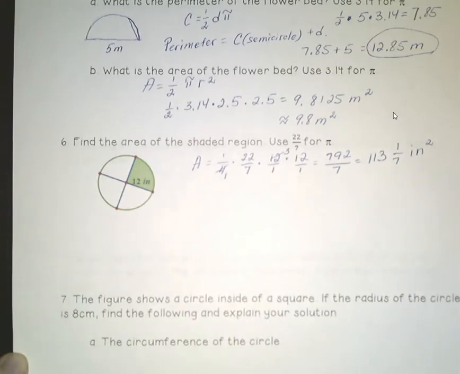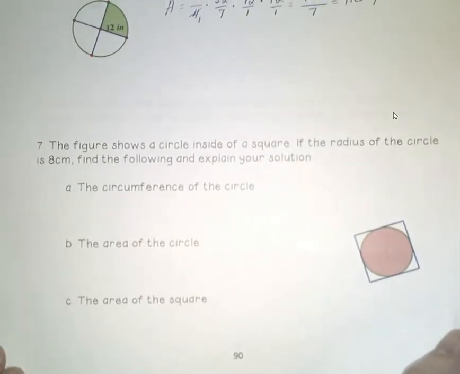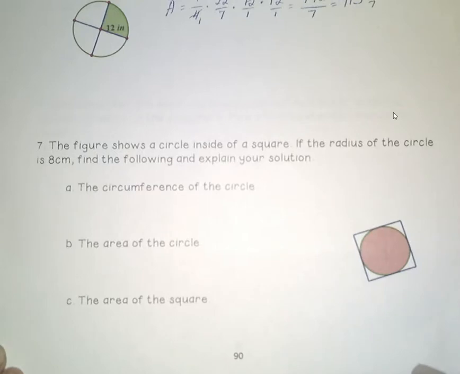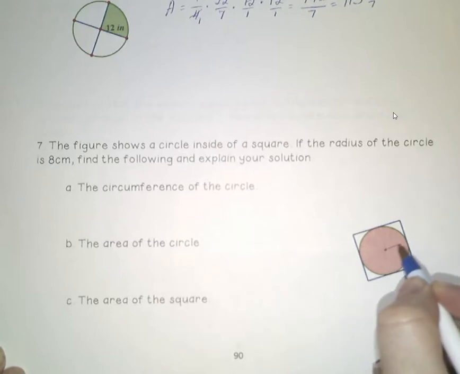Okay. Number 7. The figure shows a circle inside a square. If the radius of the circle is 8 centimeters, find the following and explain your solution. We know the radius of the circle, which is from the center to the outside, and that is 8 centimeters.